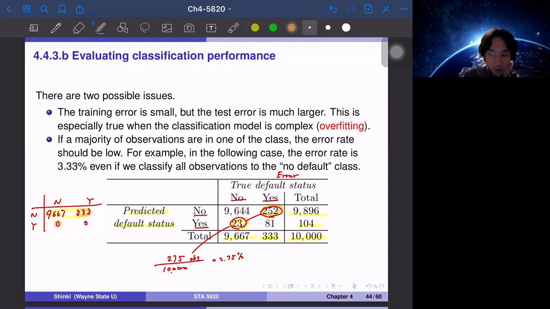So that means 3.33% is the baseline, and 2.75% is slightly better than this, but probably not much better. So this example tells us that the error rate itself isn't really an informative measure to see the prediction performance.